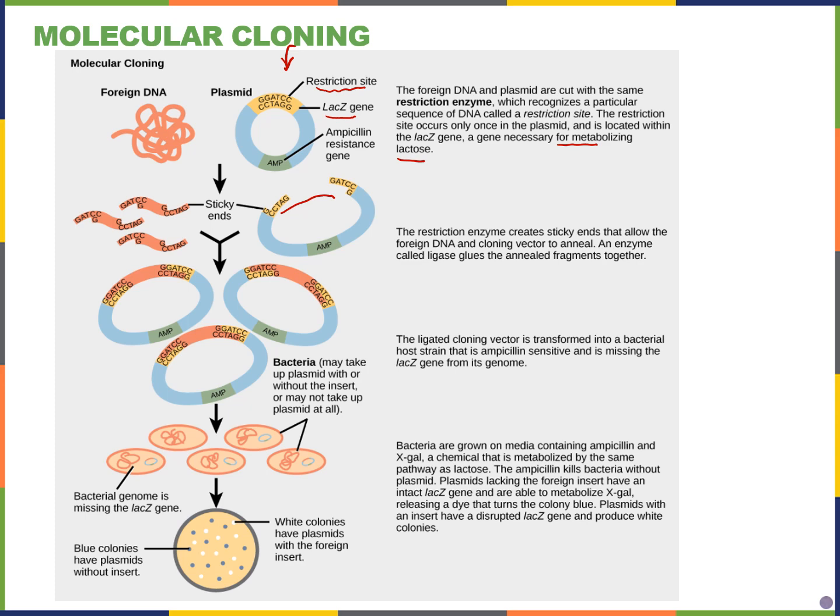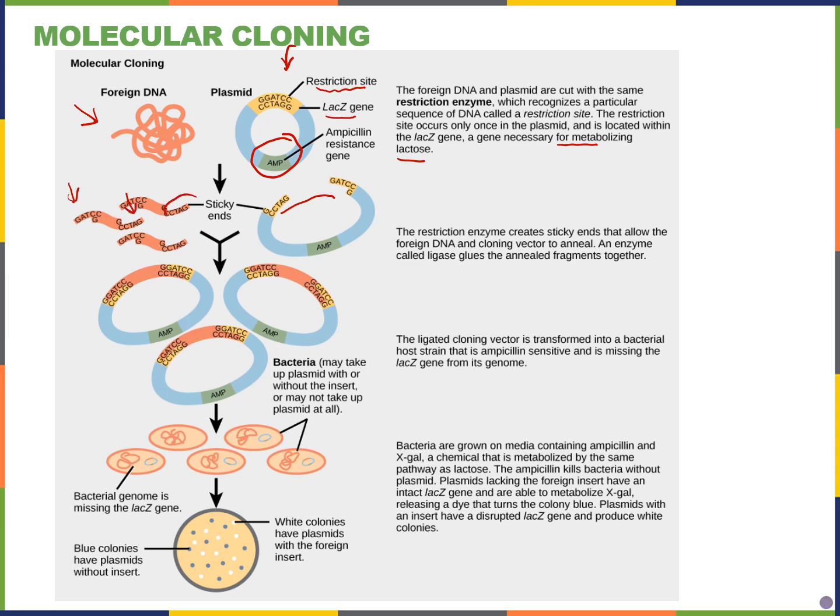I can see the plasmid also has an ampicillin resistance gene over here on the other side. So that's my plasmid or vector. And on the left, I can see my foreign DNA. Let's say that's human DNA, and I'm trying to cut out the gene of interest. I would have to use the same restriction enzyme to cut it out.